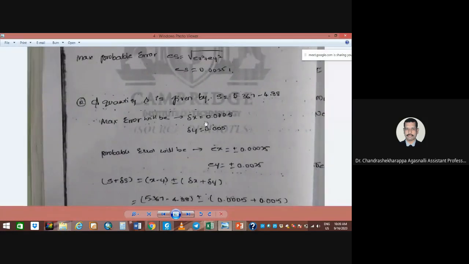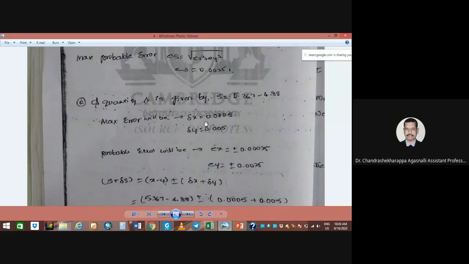There's 5.367 minus 4.88. The maximum error will be delta x plus delta y, is equal to 0.0, of course 205 or 203. Yes, what is the value of this?